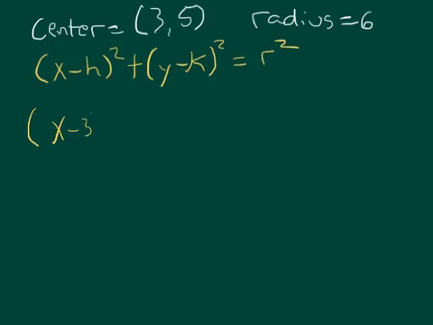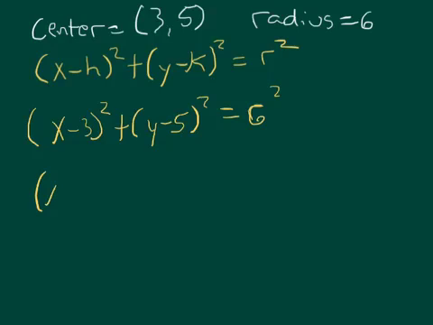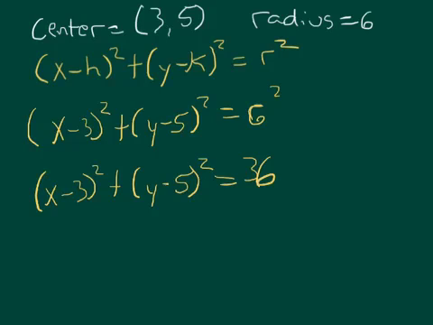(x - 3)² + (y - 5)² = 6². If it asks you to leave it in standard form, then all you're really doing at this point is just squaring the radius. So it would be (x - 3)² + (y - 5)² = 36.